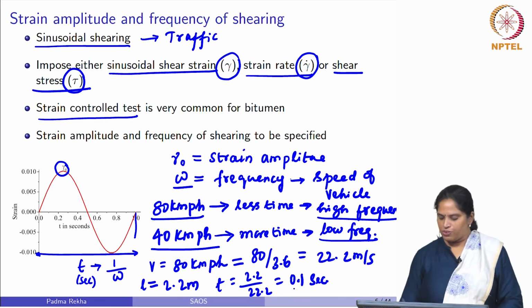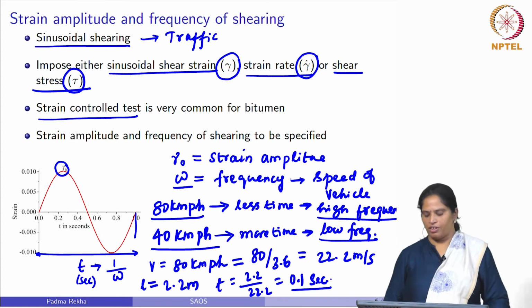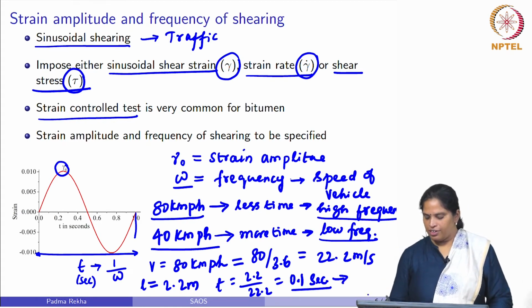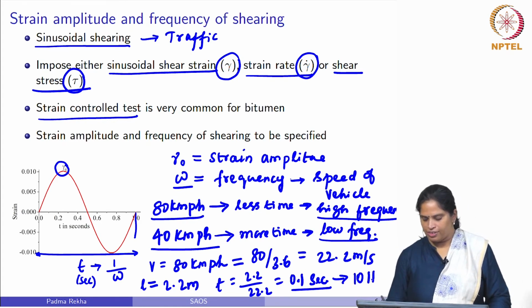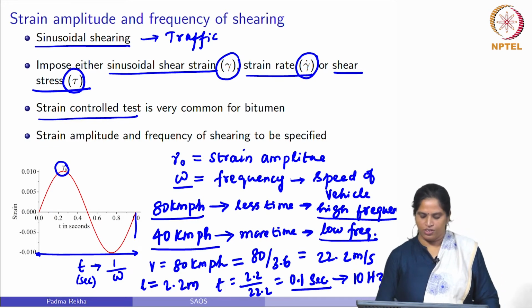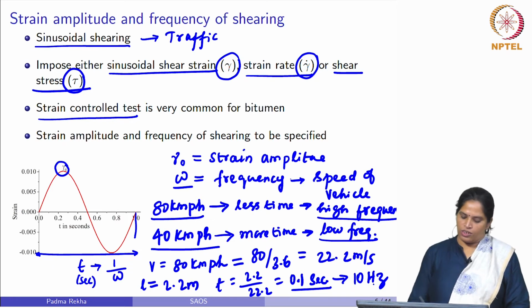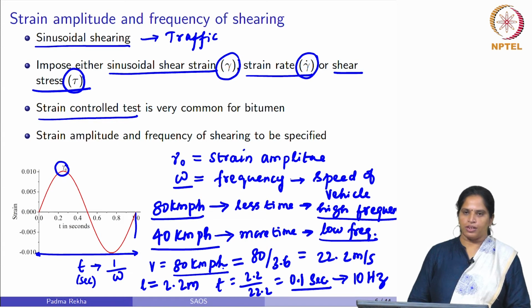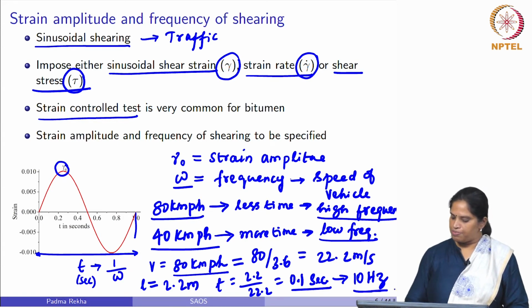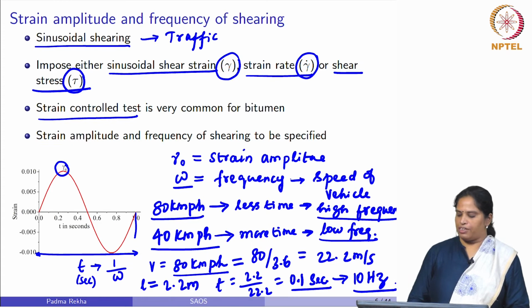This 0.1 second contact time, if you convert it, you will get 10 hertz frequency, which is nothing but the inverse of time. So, if you want to test or simulate the response of a material corresponding to 80 km per hour, we need to test the sample at a frequency of 10 hertz.